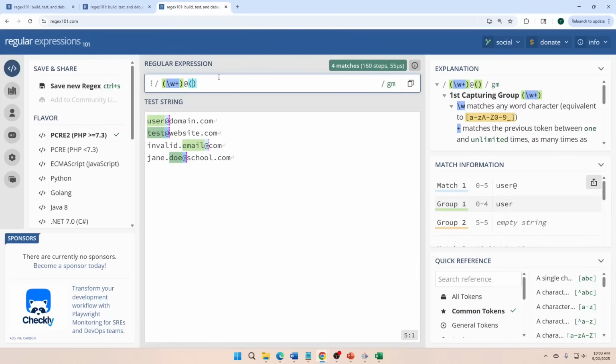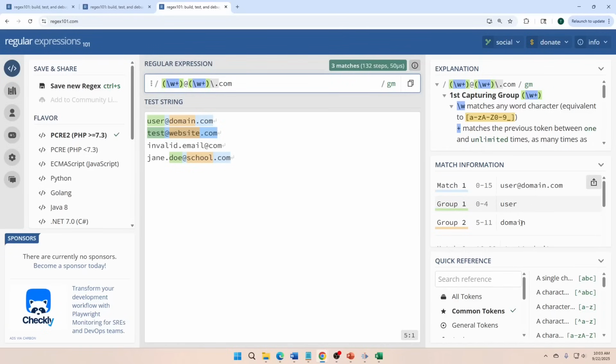We're doing the exact same thing, \W plus. And then we're going to capture the .com, so we get a literal period and com. This would work for exactly what I've taught you. We can see that it goes user@domain. We did the challenge.